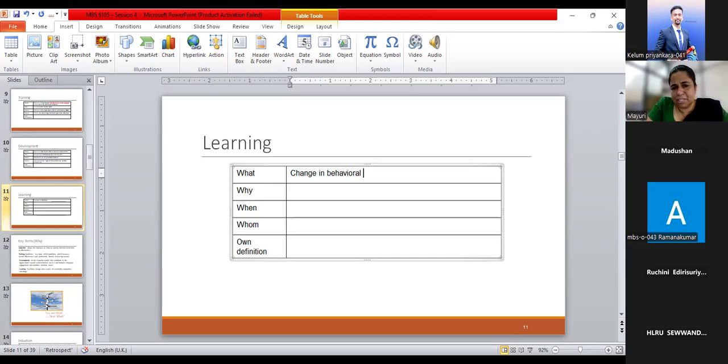Remember in very general words: the process of making a change in employee behavior. So that's learning. Learning is for everyone, anytime, all the time.